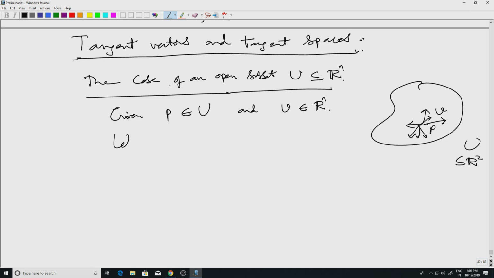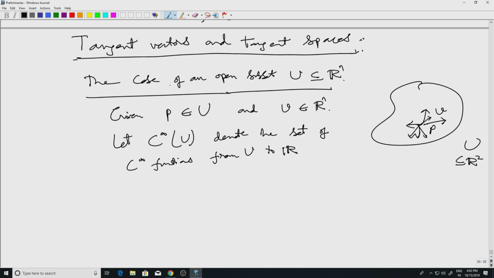So first let C infinity U denote the set of C infinity functions from U to R, real valued C infinity functions on U. Here I said the set of C infinity functions.